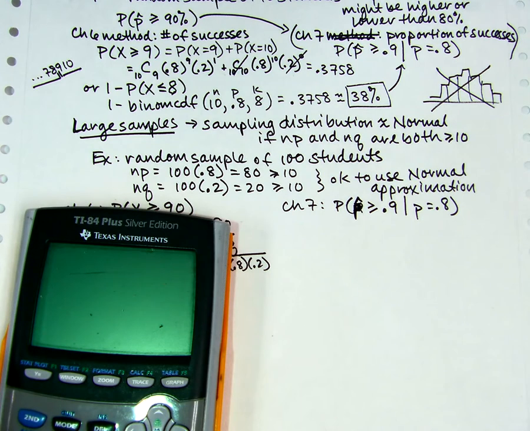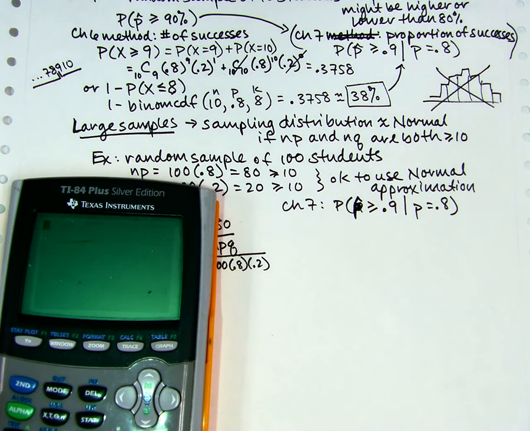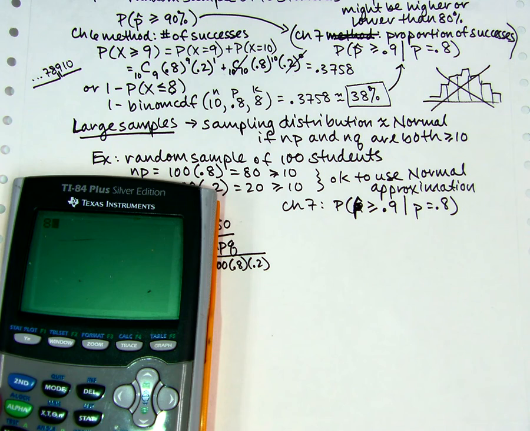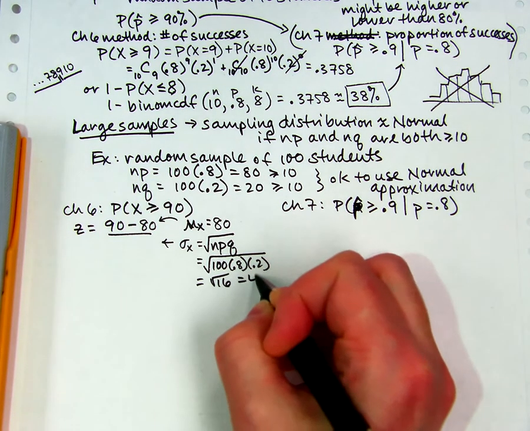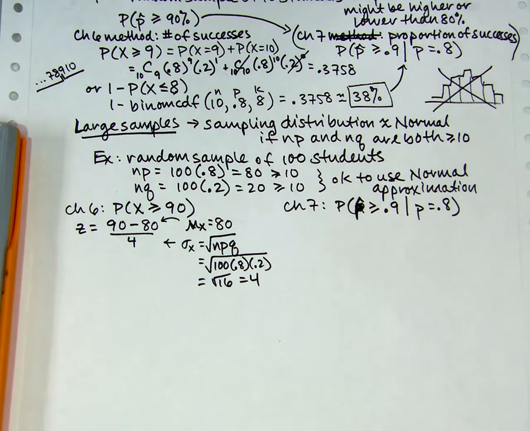I'm going to type it just to be sure, but in last year's notes it came out really nice. So let's make sure I did it right. It's 100 times 0.8, that's where the 80 came from, times 0.2. That's 16. That's the square root of 16, which is 4. Isn't that convenient? Came out really nice.